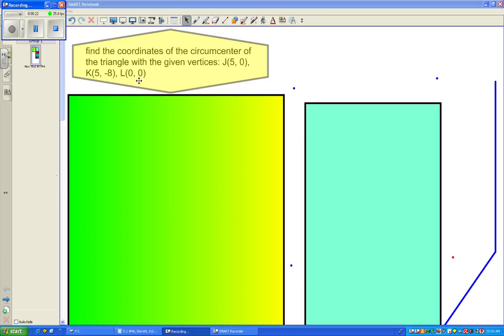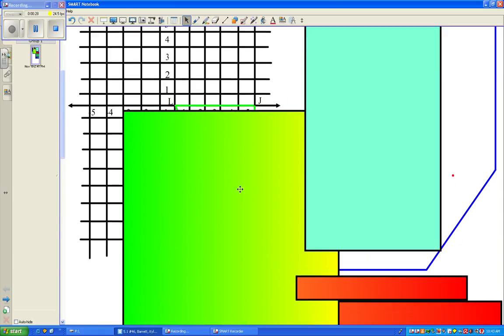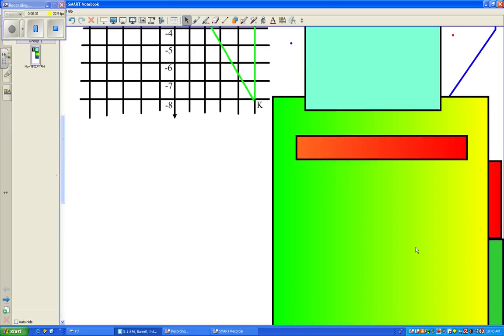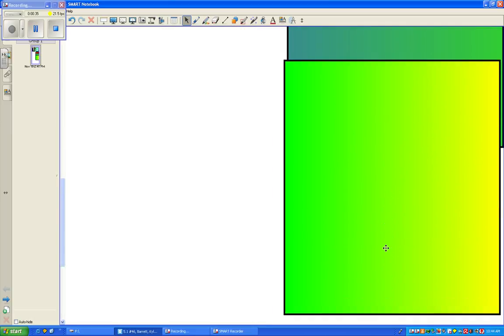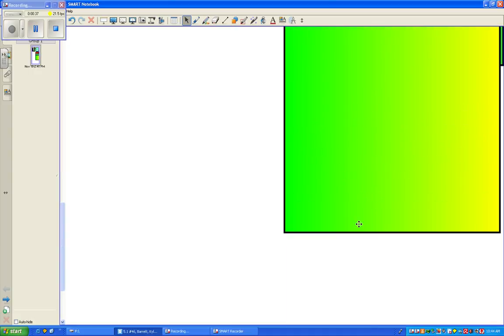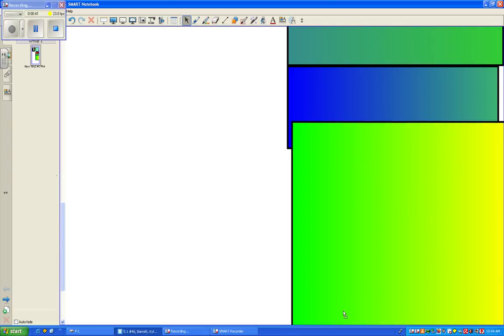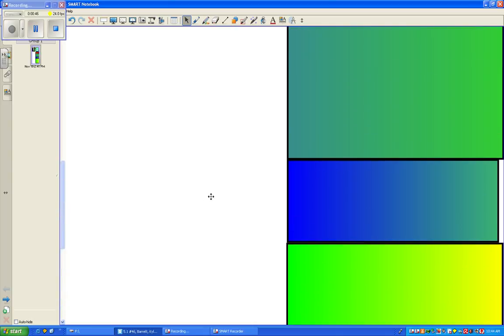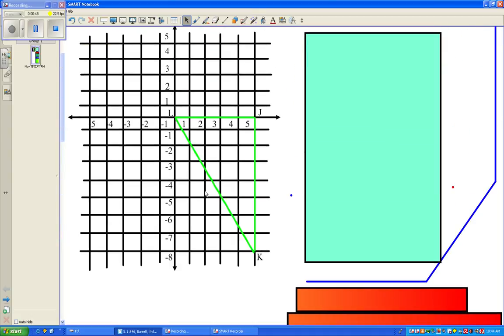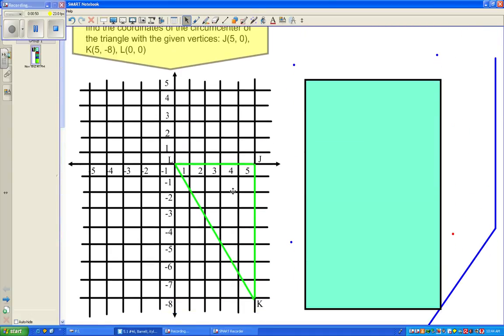And here's the graph of this figure. So there it is, the green triangle.